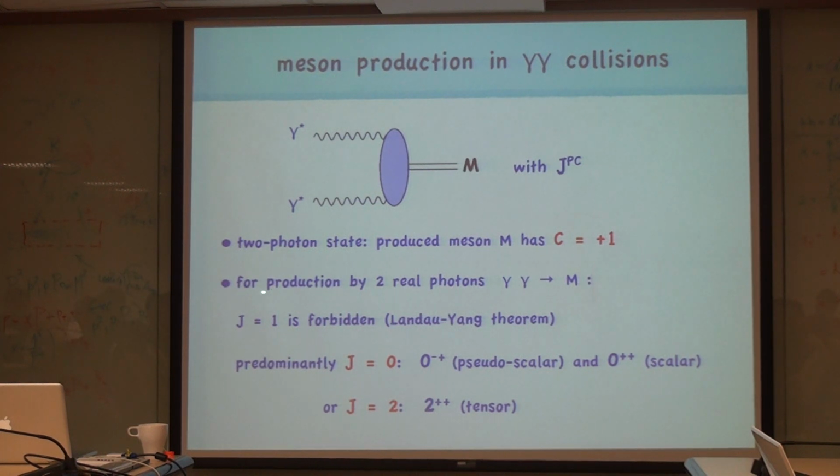Now, if instead of virtual photons these photons are real, you have an additional symmetry or constraint. Namely, if you have two real photons, you cannot produce states which have angular momentum 1. This is a little bit more difficult to explain, at least intuitively. It's the so-called Landau-Yang theorem. It's related to the fact that you have a Bose symmetry in addition.